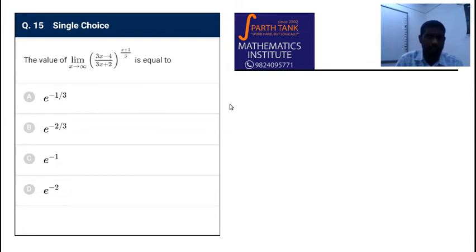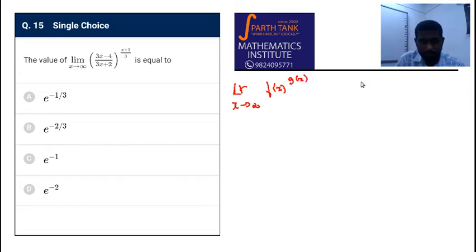Let us go to question number 15. The value of limit x tends to infinity (3x minus 4 by 3x plus 2) the whole raised to x plus 1 by 3 is. Now you see, this is of the form limit x tends to infinity f of x to the power g of x.